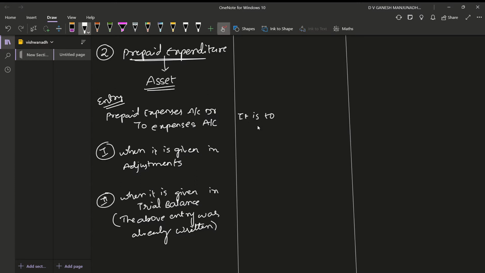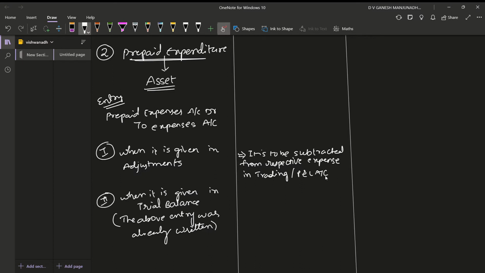It is to be subtracted from the respective expense in trading or P&L account.